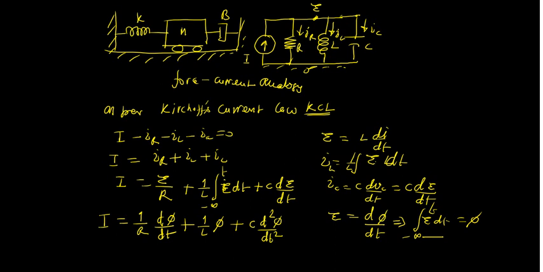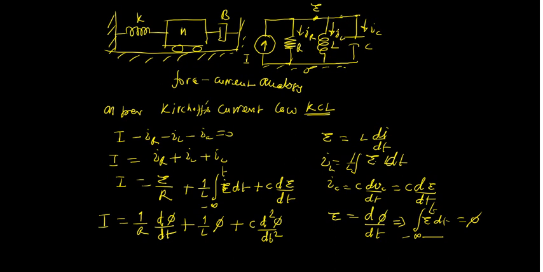You please see here. Just because I don't want to switch to the next page, I am writing again the previous equation of the mechanical system. I have to rearrange it, then only it is possible. So I need to go to the next page.